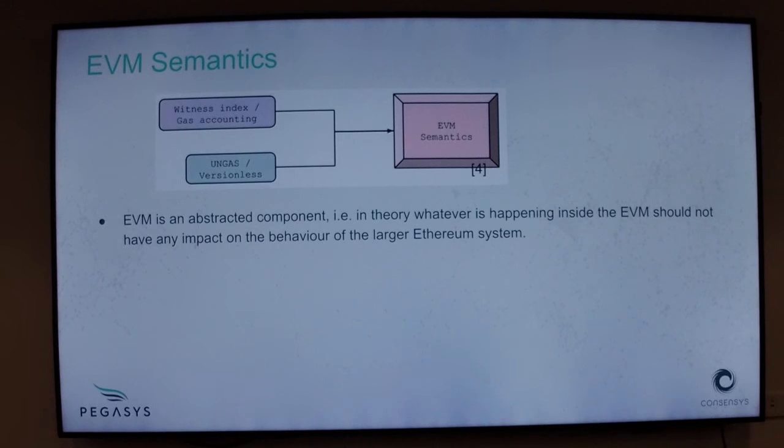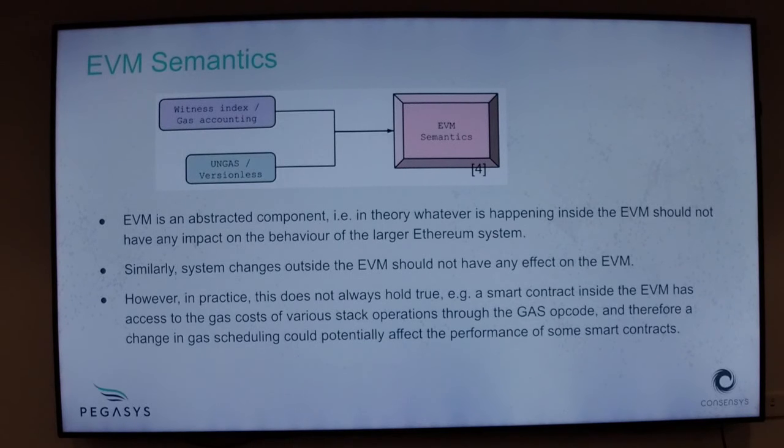So the EVM is an abstracted component. So theoretically, whatever happens inside the EVM should not have any impact on the behavior of the larger system. Similarly, system changes outside the EVM should not have any effect on the EVM. However, in practice, this does not always hold true.